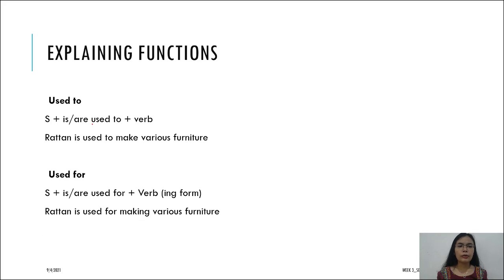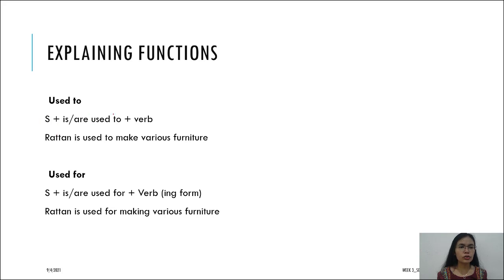Alright, so now we will move on to the explanation on how to explain the functions of a home industry product. Of course, there are many ways of explaining the functions of a home industry product, but we are going to look at two ways over here. The first one is using used to, and the second one is using used for. So how do you use both of these grammar?